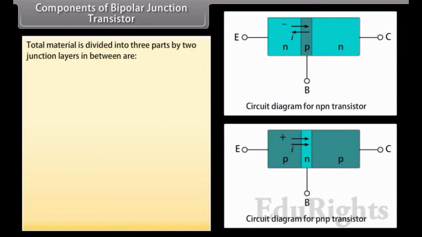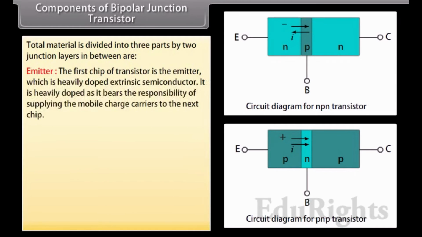The total material is divided into three parts by two junction layers in between. The first chip of the transistor is the emitter, which is a heavily doped extrinsic semiconductor. It is heavily doped as it bears the responsibility of supplying the mobile charge carriers to the next chip.